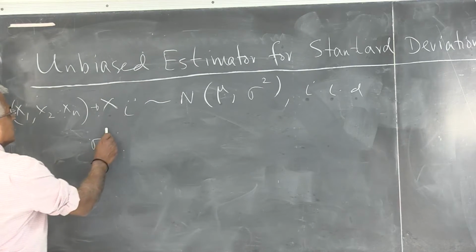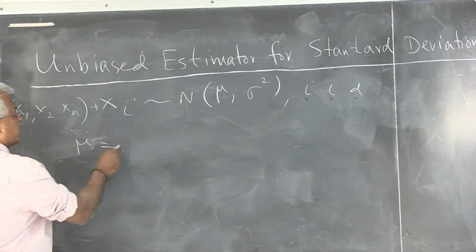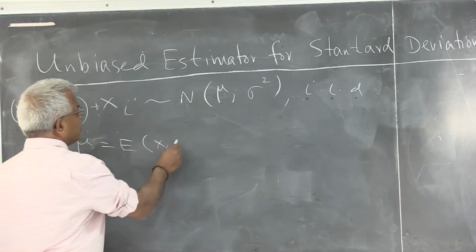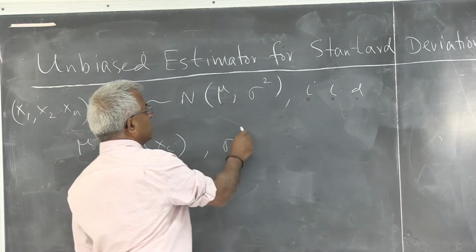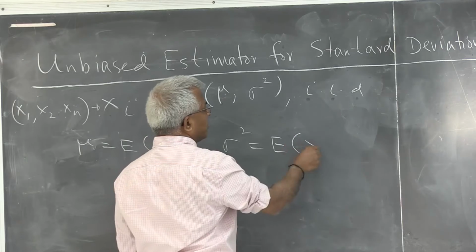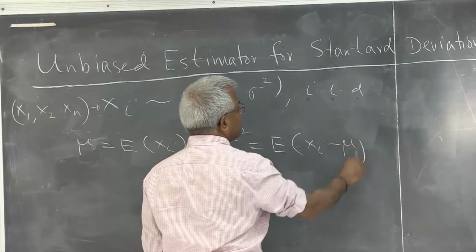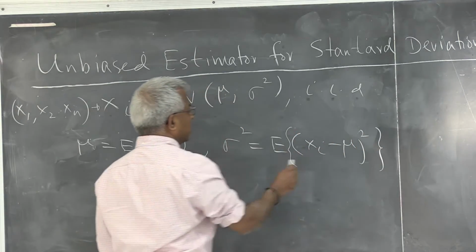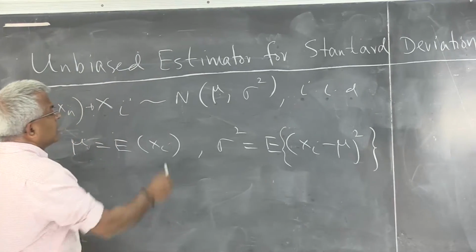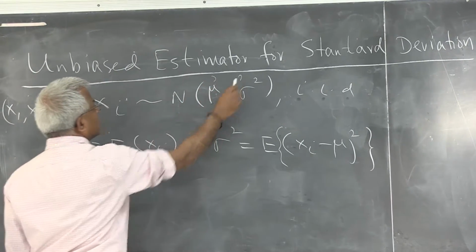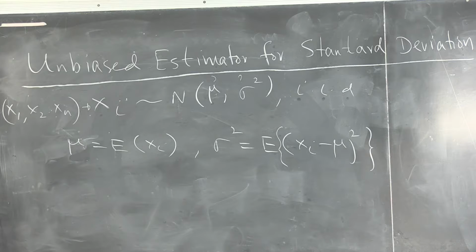Of course, mu is the expected value of any one of these xi's, and sigma squared is the expected value of xi minus mu, the whole squared. But generally the problem is that both of these quantities are unknown.